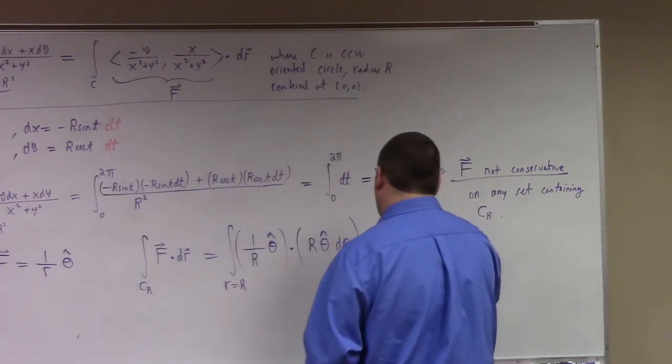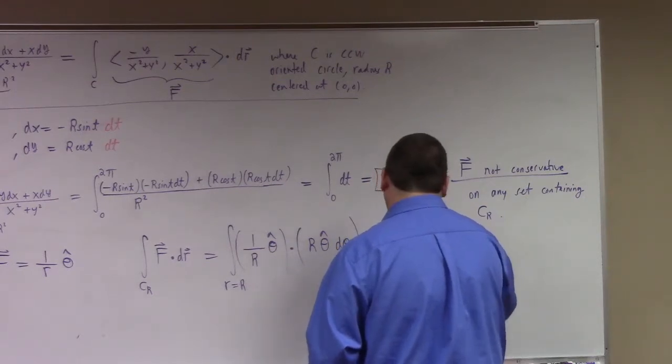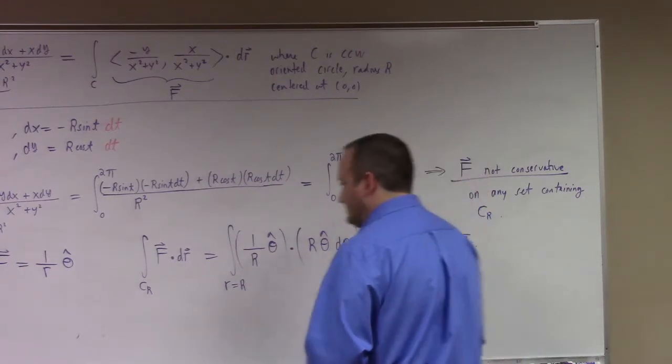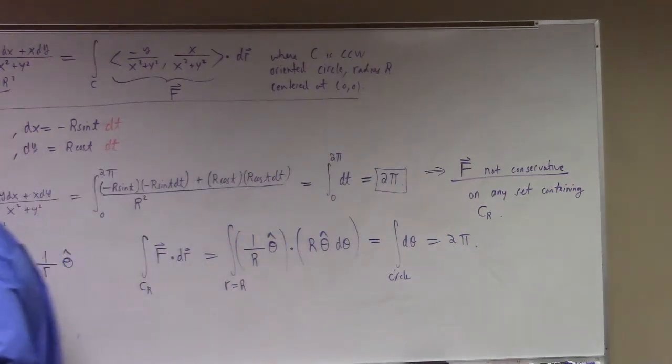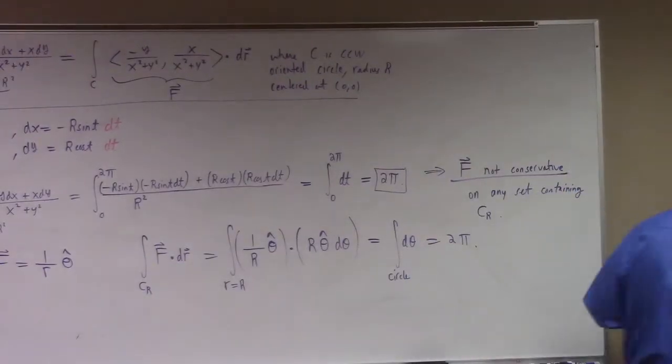And so what you get is the integral of d theta over a circle, which is 2 pi. Again, you notice the complete lack of any parameterization there. So if you really spend some time thinking about the other coordinate systems, you can avoid a certain amount of calculation. Okay, so there's an example.